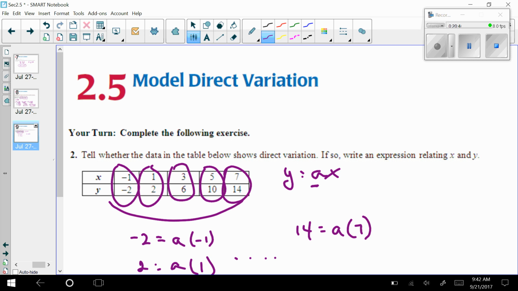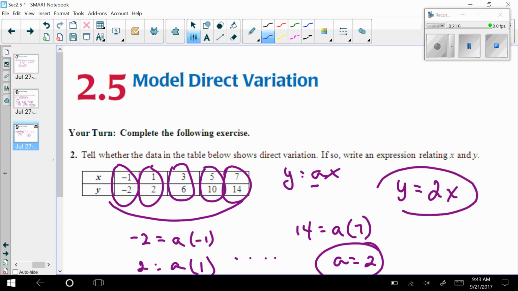And if you solve all of those for a, you get a equals 2. For every one of them, you should get a equals 2. So your expression relating x and y is y varies directly with x with a constant of variation of 2. So y equals 2x.